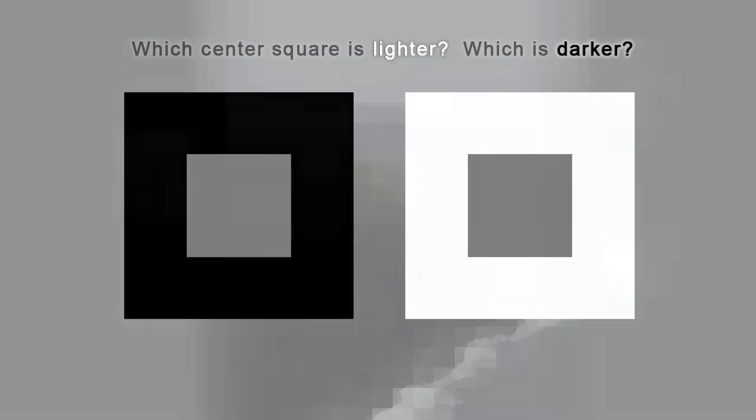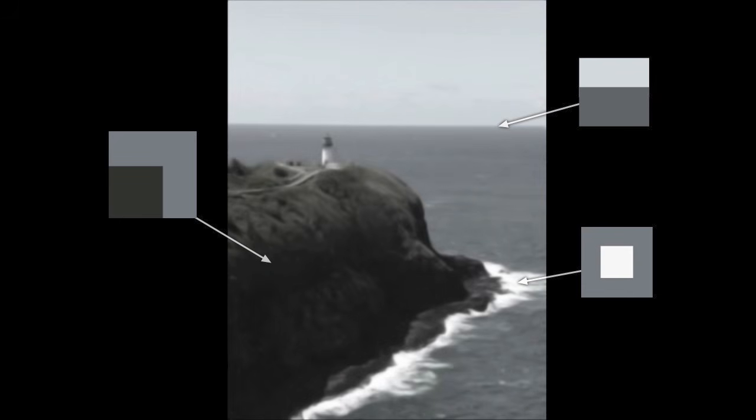Going back to our scene, you can see how the light sky is touching the middle gray water, which will make the sky appear a little bit brighter and the water appear darker. And the foam is surrounded by dark gray and touches a dark rock.